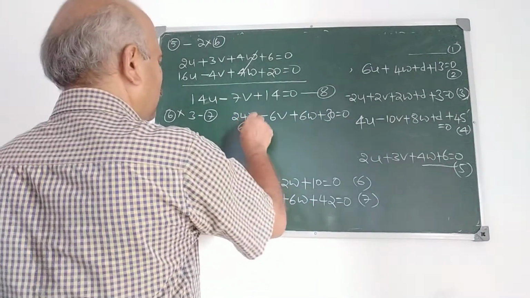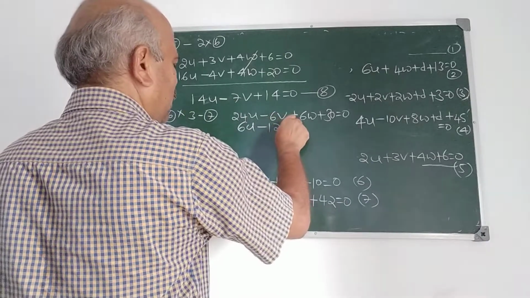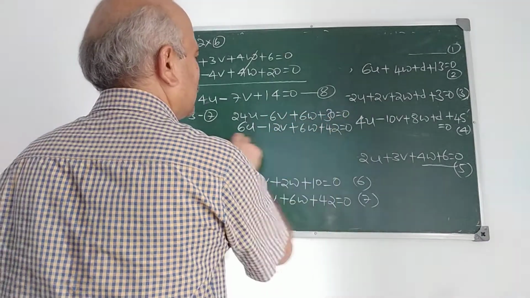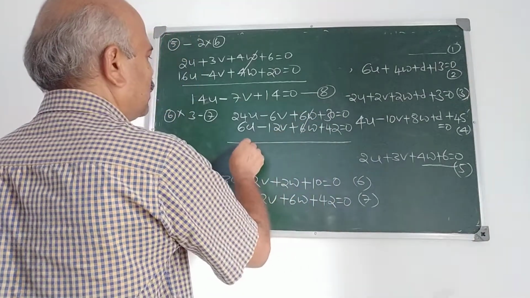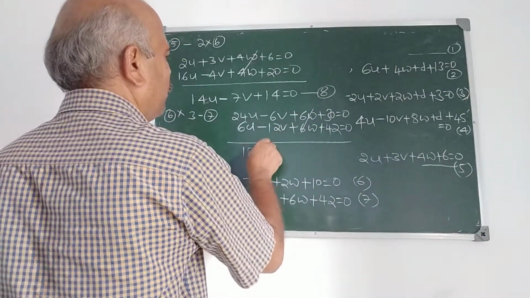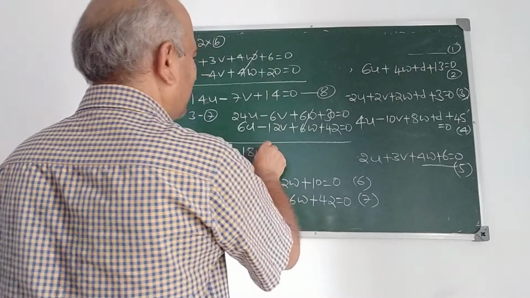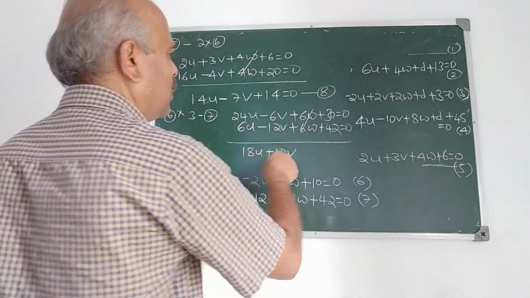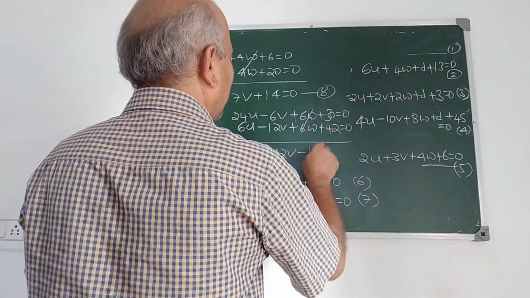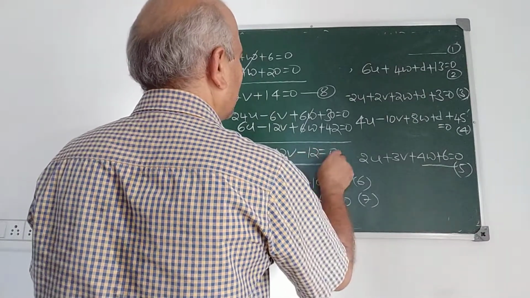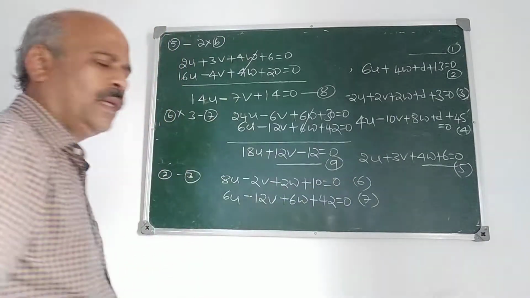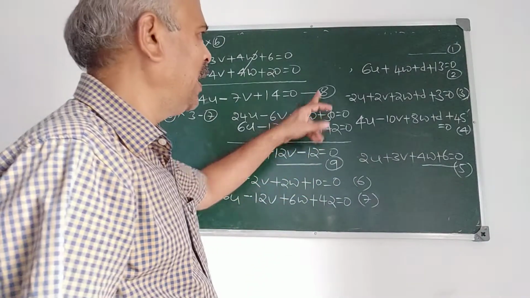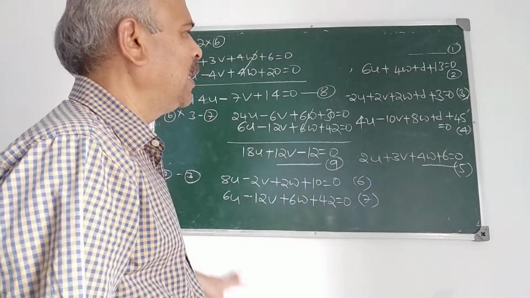And 6u minus 12v plus 6w plus 42 is 0. Subtract. We get 18u plus 12v minus 12 is equal to 0. This is 9. So we have equations 8 and 9.